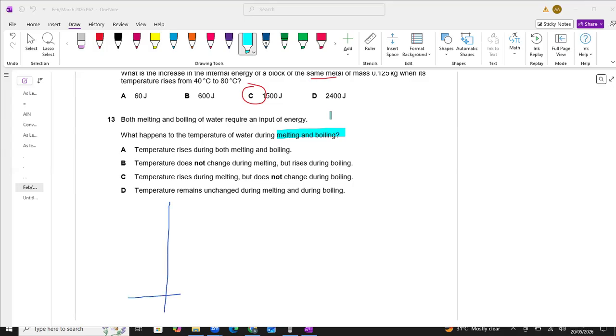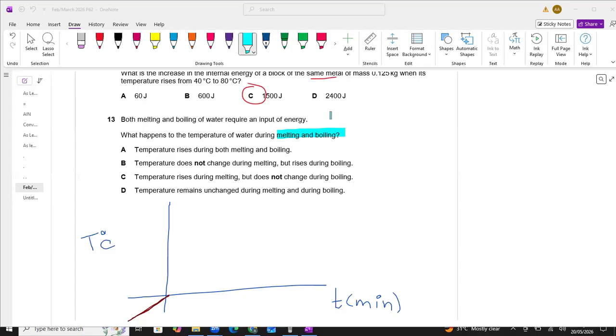Like if I draw the graph of the heating curve of water, on the x-axis I am taking the time in minutes. On the y-axis we are taking the temperature in degrees Celsius. Let's start the graph from this value, which is showing a negative temperature, meaning it is in the form of ice.